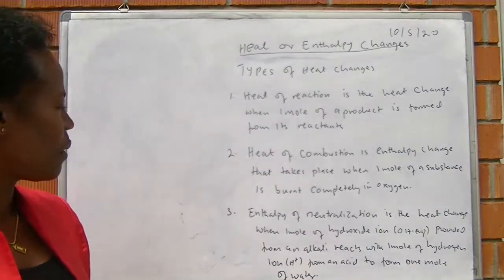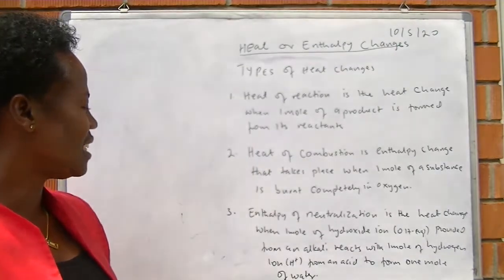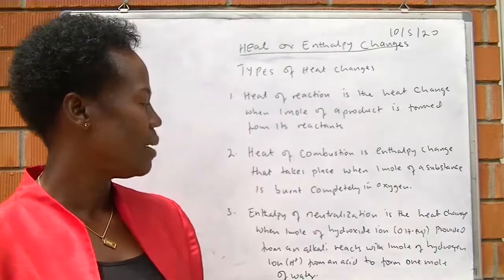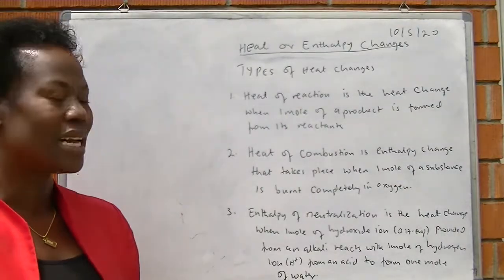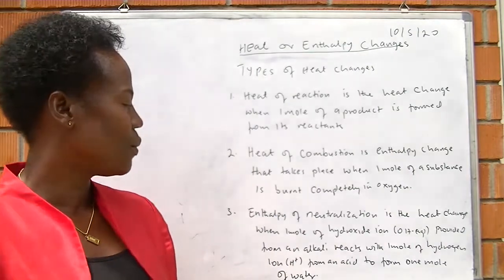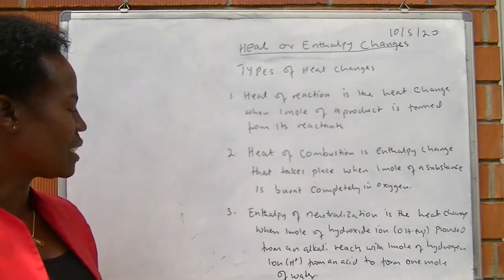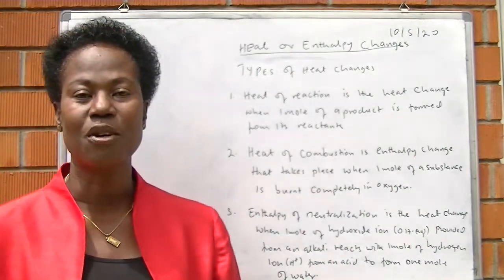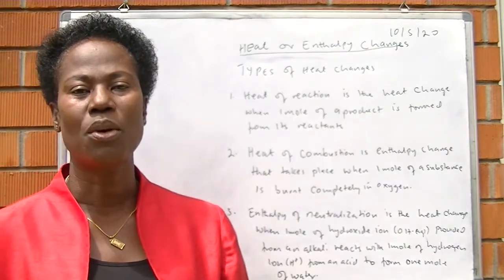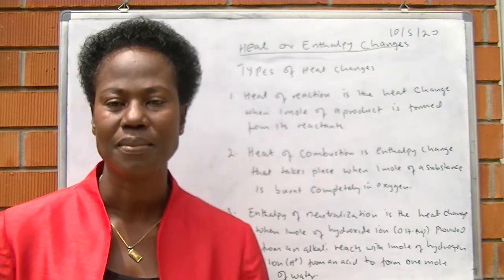And enthalpy of neutralization is the heat change when 1 mole of hydroxide ion, which is provided by an alkali, reacts completely with 1 mole of hydrogen ion, which is provided from an acid, to produce 1 mole of water.